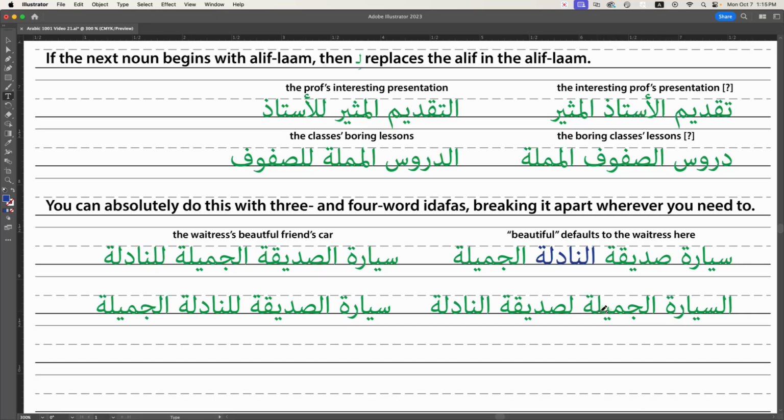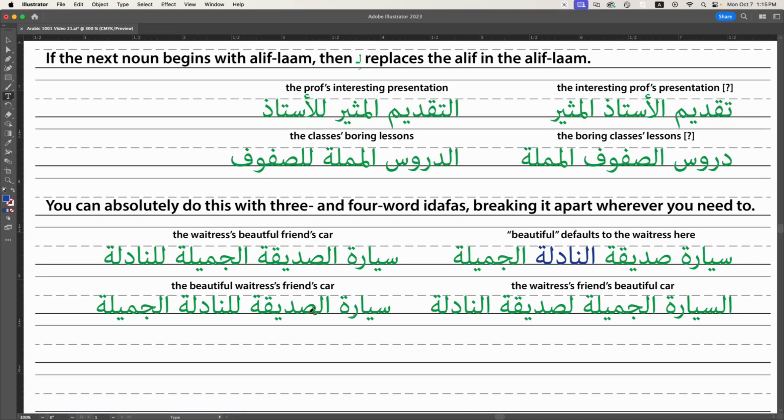But once we get to the adjective, that breaks up the idafa, and we have to stitch it back together with li. So li sadiqat an-nadila. So the beautiful car of, or belonging to, the friend of the waitress, or in better English, the waitress's friend's beautiful car.